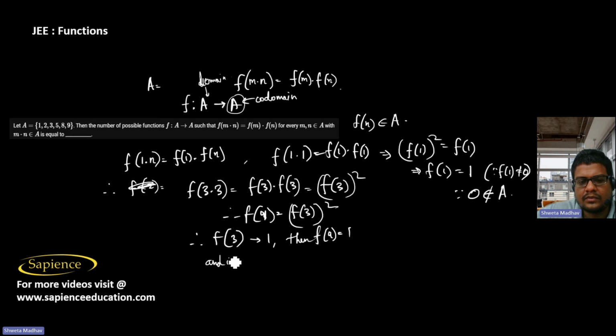And if f of 3 is equal to 3, then f of 9 will be equal to 9.